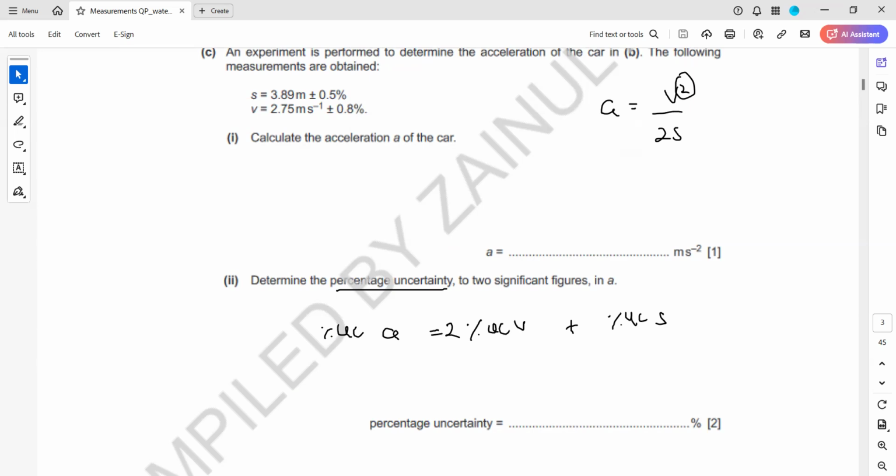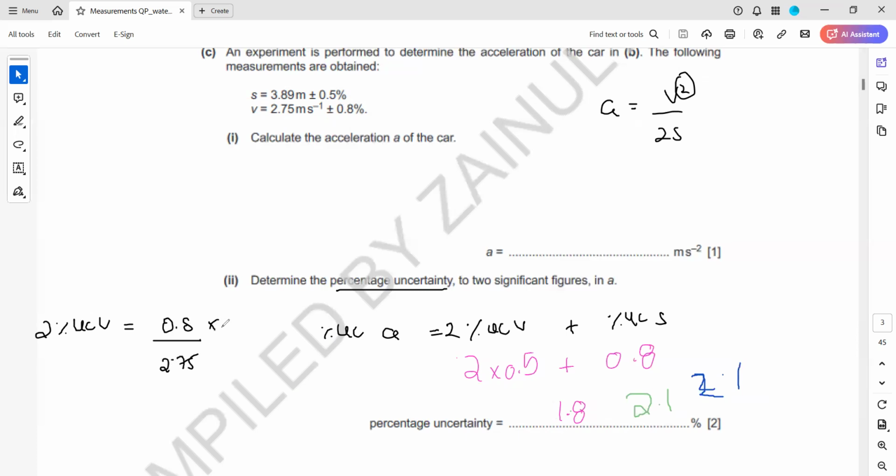What's the final answer for this? It is around 2.1%. Why? Twice the percentage uncertainty in v, that is 0.08 divided by 2.75 and then multiplied by 100 and then times 2.